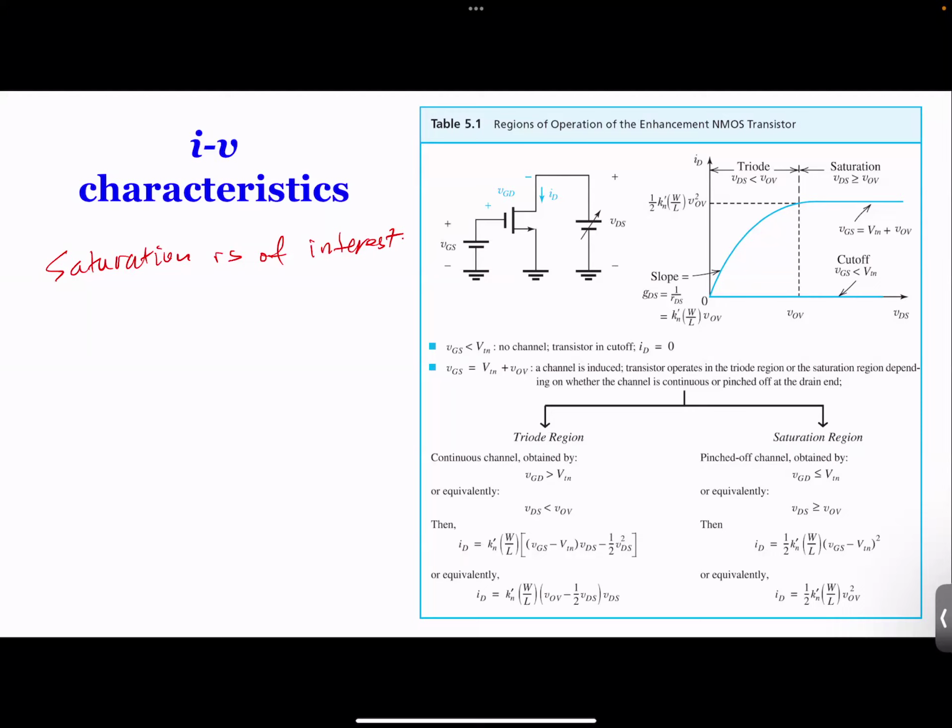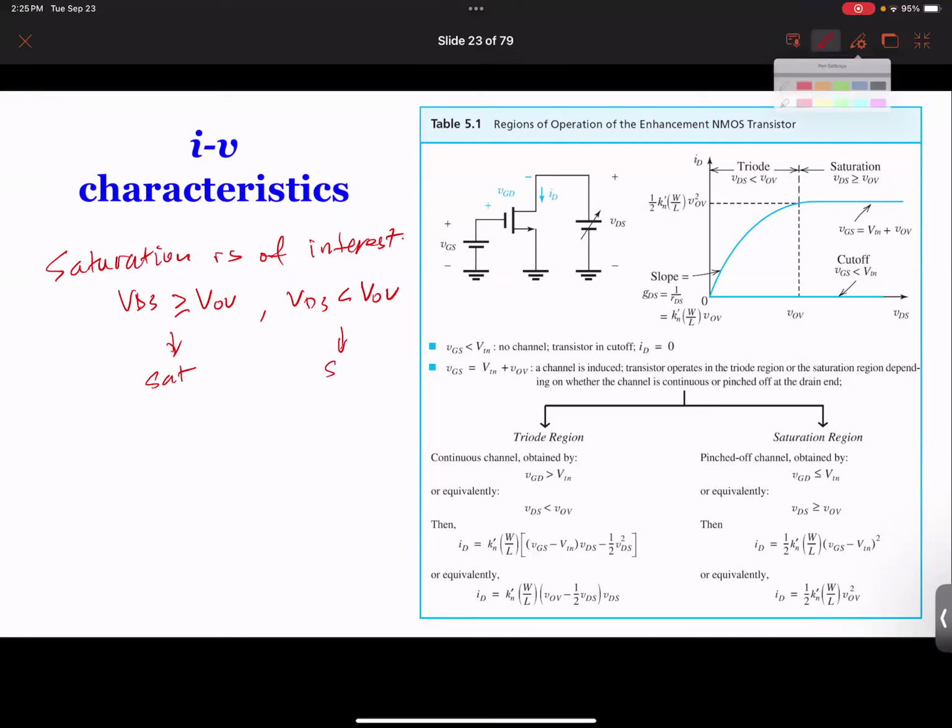So how do you know? Well, we have to find out whether VDS is larger than VOV or less than VOV. If it's larger than VOV, it is in saturation. If less than VOV, it is in triode.